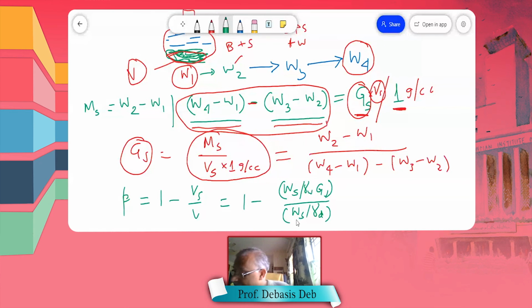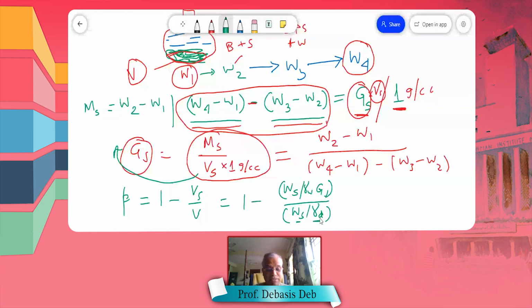Okay. Now what I have written, Gs is Ws here. You are taking this Vs up there. So I'm now writing with the W. So this will be Ws divided by Gs into gamma W because I'm writing in weight. So this one will come in the top instead of Vs, and instead of V, which is the total volume, this is the solid divided by gamma d.